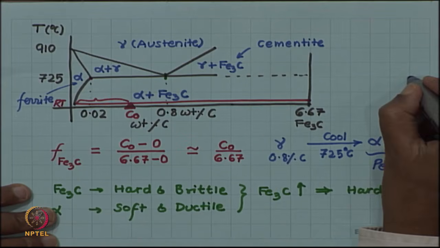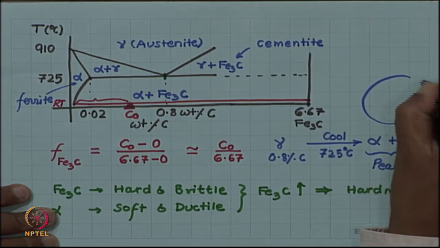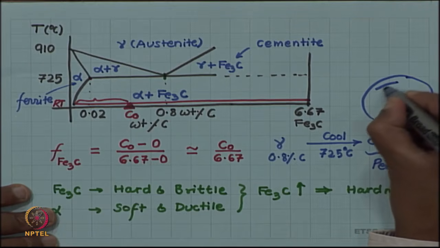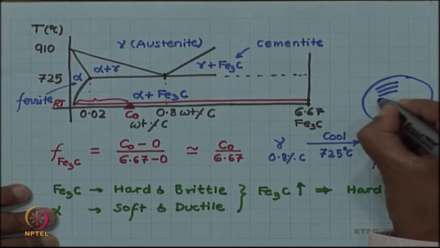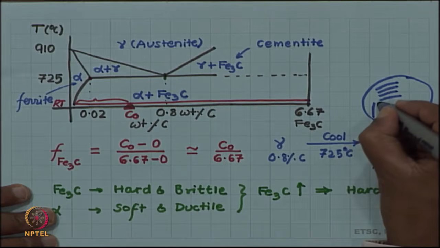And the microstructure of pearlite, we said, was alternate lamellae of alpha and Fe3C.